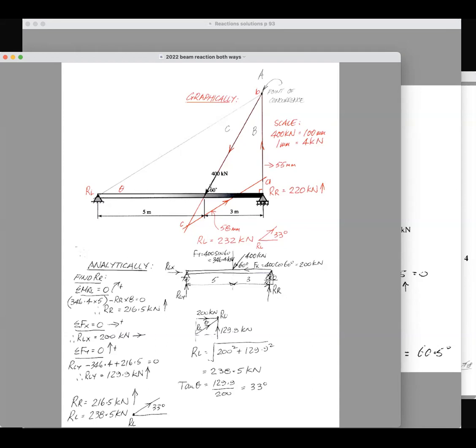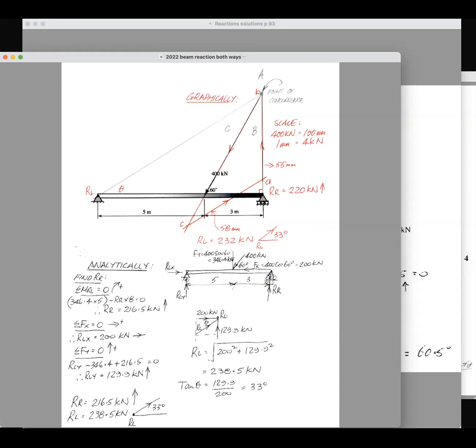That's 60 degrees. 60 degrees goes up, and where the two lines join, that's the point of concurrence, and you know that this force will join that point there. And so you've got this arrangement of forces on the diagram which all converge at this point of concurrence.